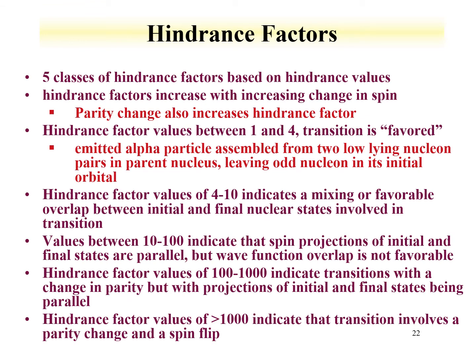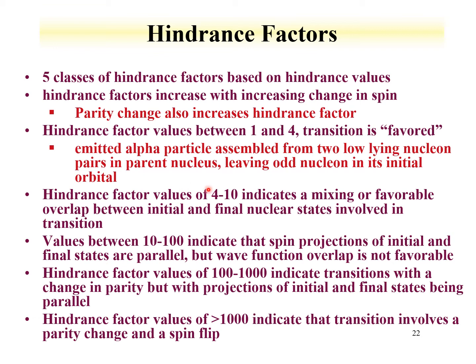There are 5 classes of hindrance factors that are based upon some values. And we can describe the transitions as favored or less favored. If you have a hindrance factor between 1 and 4, the transition is a favored transition. So the emitted alpha particle is from 2 low-lying pairs of nucleons. Hindrance factors between 4 and 10 indicate a mixing or favorable overlap between initial and final nuclear states.